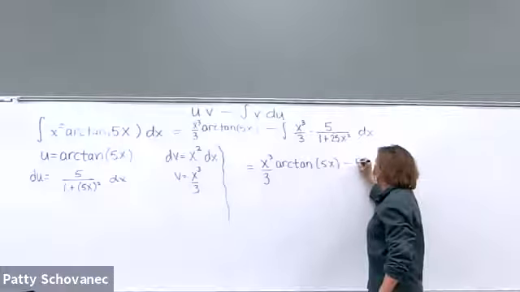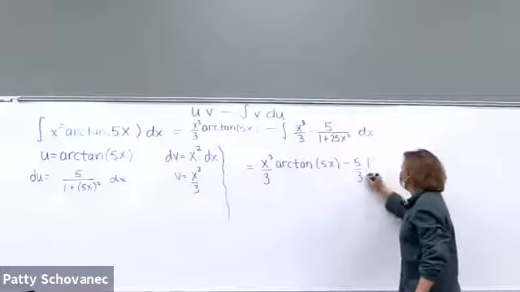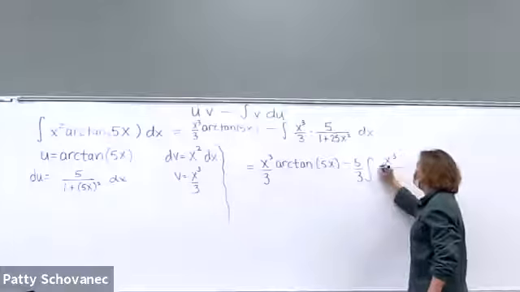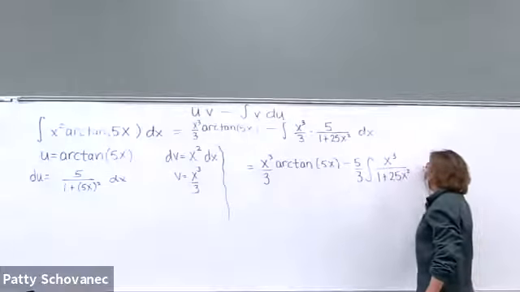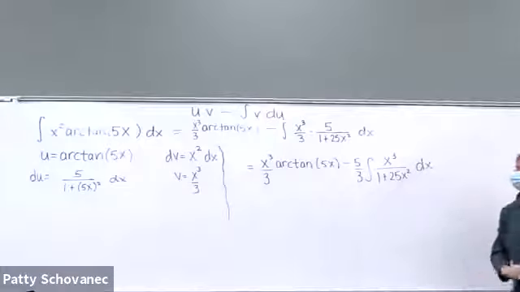And then I want to take the 5/3 out front and put the x cubed on the top. And the resulting integral has a fraction where the degree on top is more than the degree on the bottom. What does that tell you you can do? You can divide. You can divide the bottom into the top.